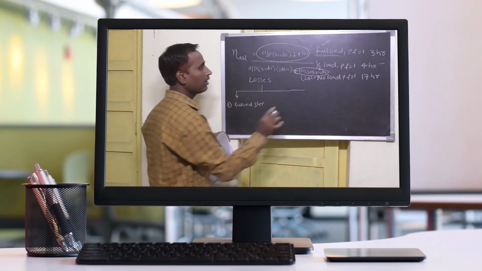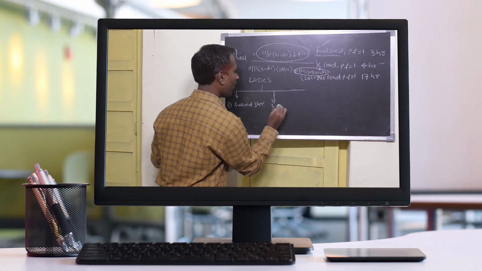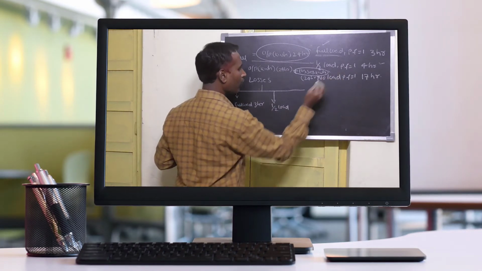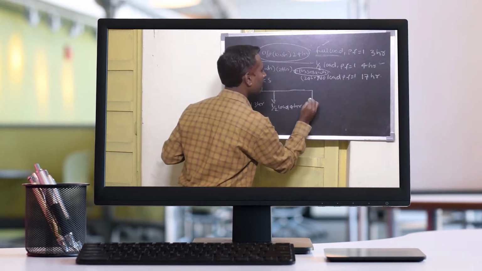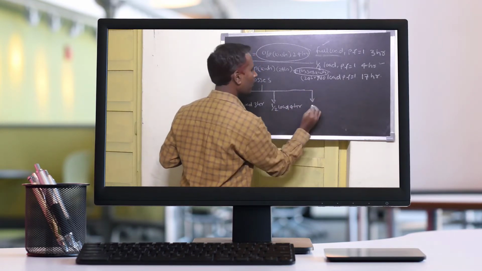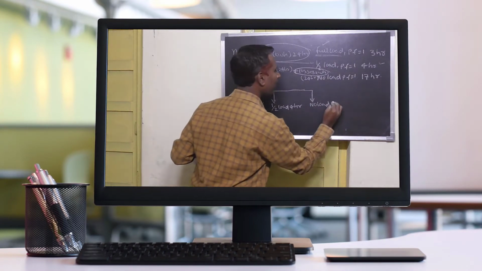Second loss is half load for 4 hour. This is clear. Then third one is no load for 17 hour.